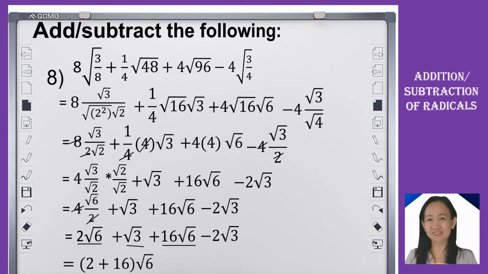Then the square root of 3 with negative 2 square root of 3. So combining the coefficients, 1 minus 2, which is negative 1, times the common radical, which is the square root of 3. So we have 18 times the square root of 6 minus the square root of 3 as the final answer.